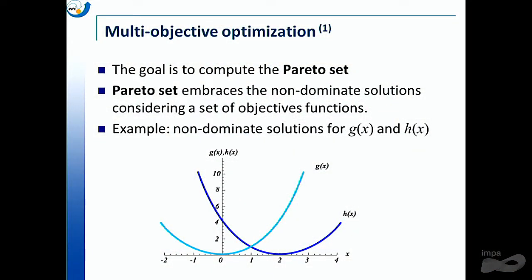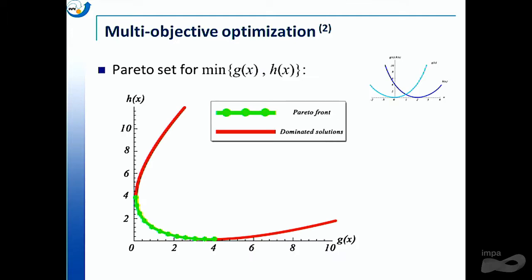Okay, and so in order to identify the Pareto set, considering, for example, 2 functions here, g(x) and h(x), and the concept of non-dominated solutions, for these 2 functions here, the green curve represents the Pareto set. And this is what we are interested in.